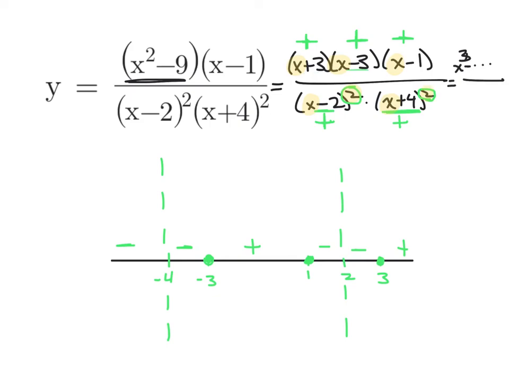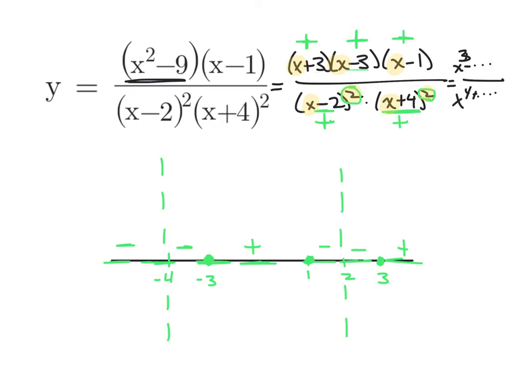So x squared times x squared would be x to the fourth plus some for the rest of it. So we see that the degree of our numerator is smaller than the degree of our denominator, which means horizontal asymptote, that is the x-axis. And now we're ready to graph.